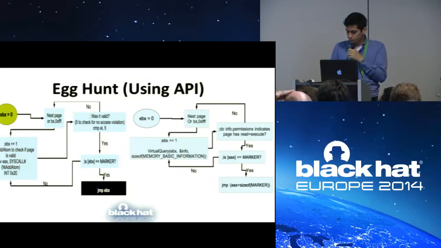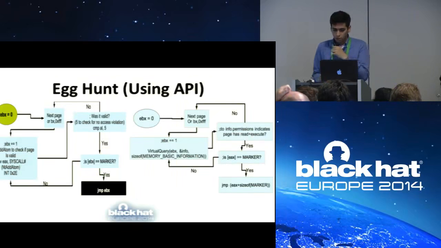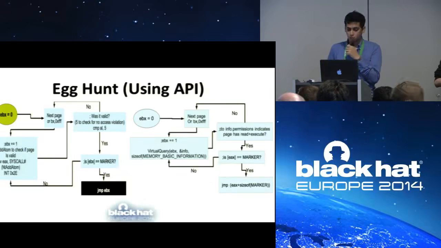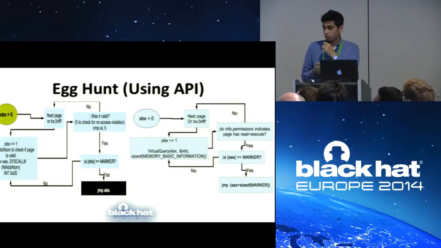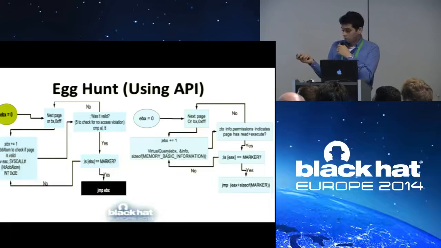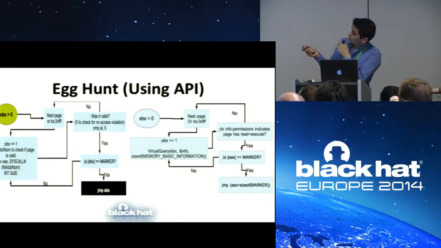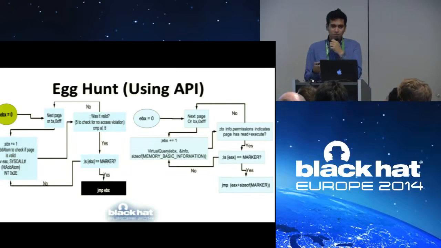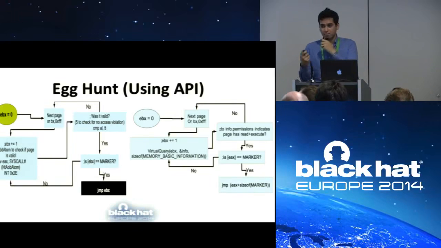Well, another evasion is egg hunting evasion against NEMU. In this example, rather than using the syscall NT at atom, which Joost explained, you don't use NT at atom anymore, but you use another thing, virtual query. The main purpose of this is detecting whether the memory is a valid memory or not.